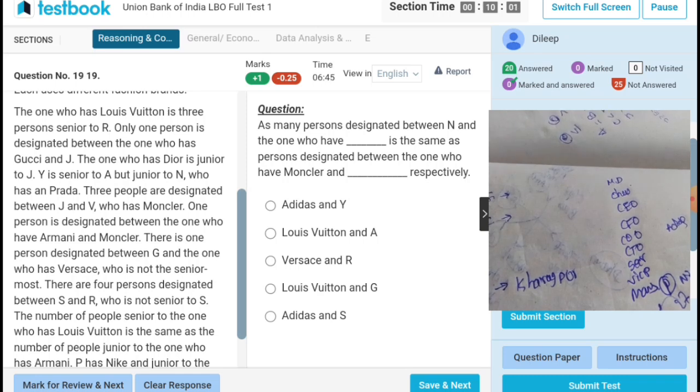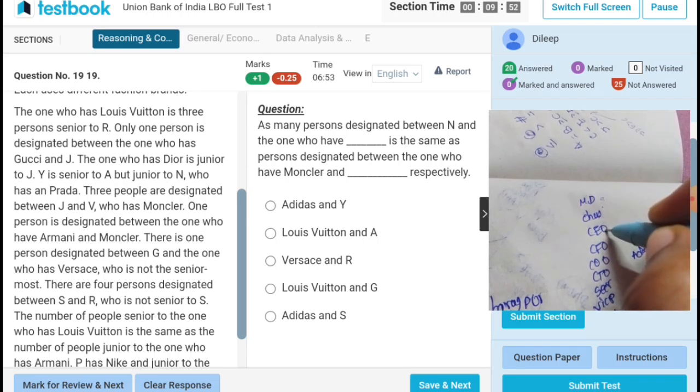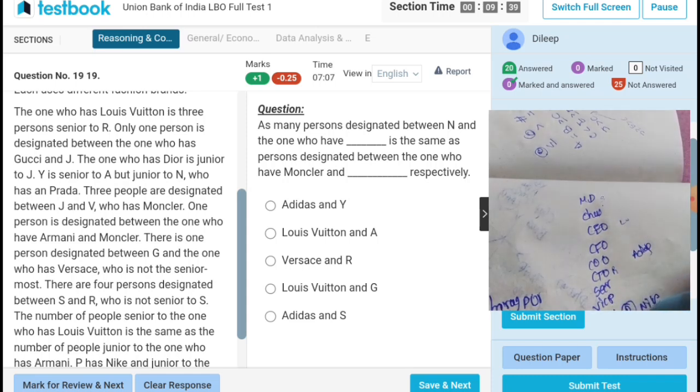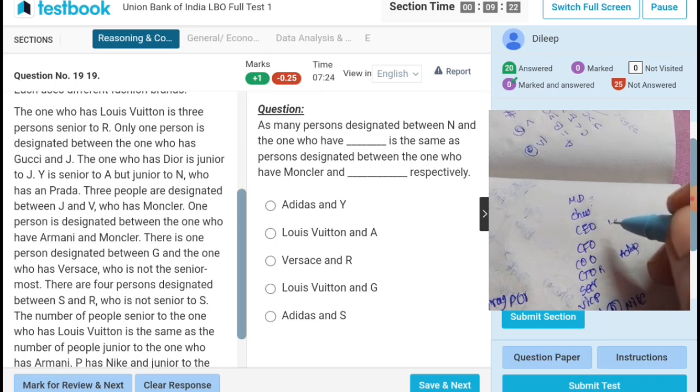4 persons between the S and R are rules. One, two, three, 4 are. To end. And money.